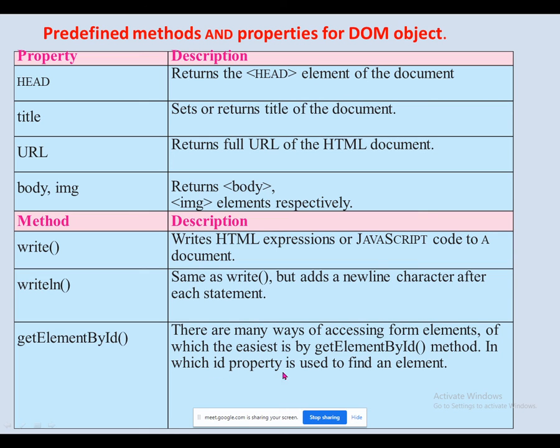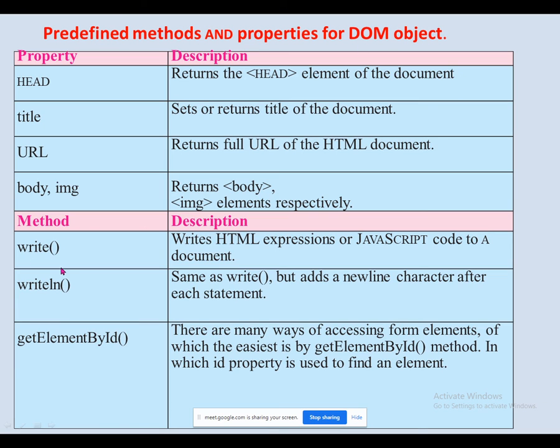Okay, in which the id property is used to find an element. So if you want to know more information about that particular field, then you can use this particular function or method to access or get the information about that particular element. Maybe that element is a text box or radio buttons or so on. So these are the methods from the document object, or consider the DOM object.